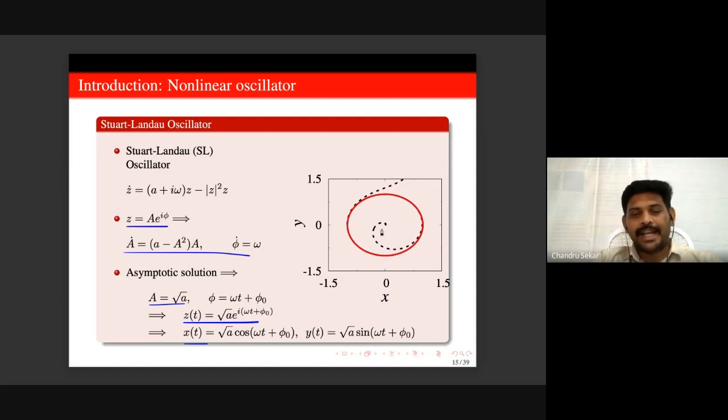Here, the radius of the closed orbit is root a. This type of isolated closed orbit is called a limit cycle, and a system exhibiting it is called a limit cycle oscillator.